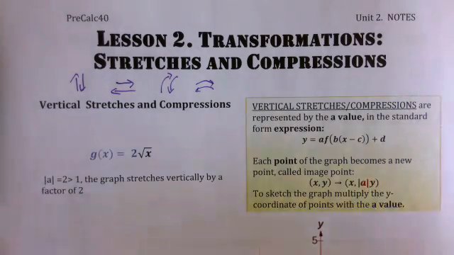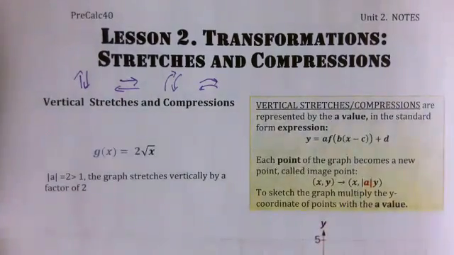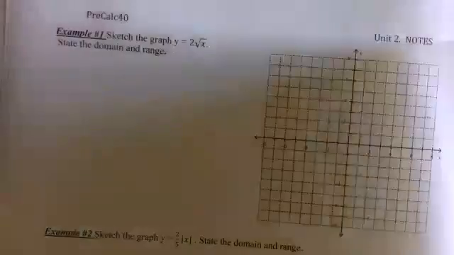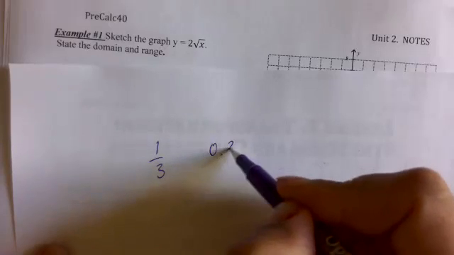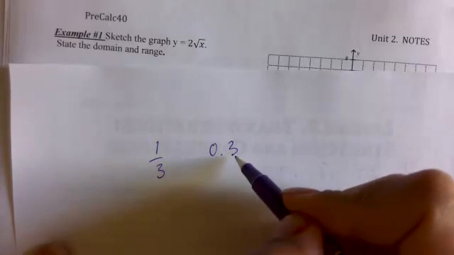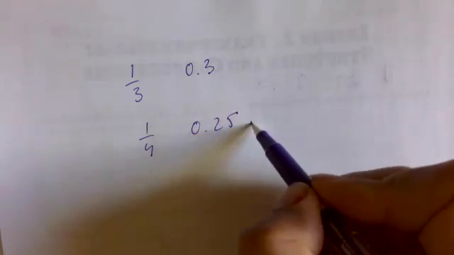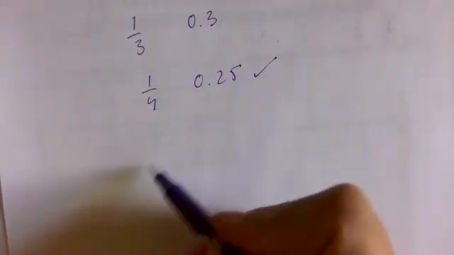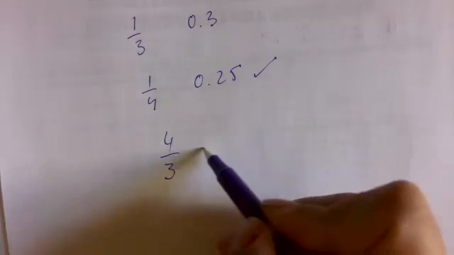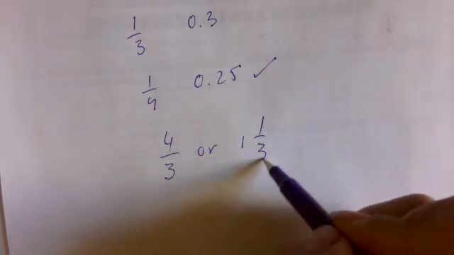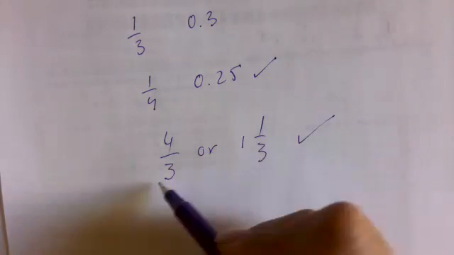If you have a fraction, for example, 1/3, and you write it as 0.3, that's no good. If you have 1/3, you keep it as 1/3 because this is better than 0.3, which is already a rounded version. But if you have 1/4 and you write it as 0.25, that works. If you have 4/3, or if you write it as 1 1/3, that's correct in both of these forms.